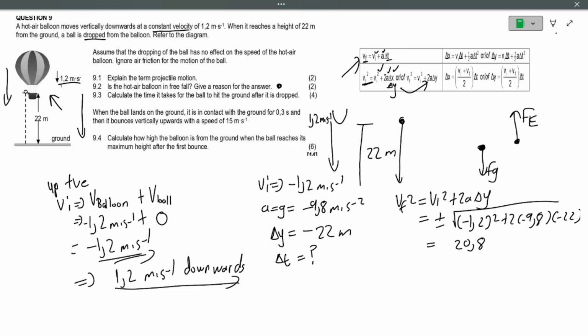After we get it, there are going to be two answers, positive this or negative this one. But because up is positive, down is negative, and the final velocity will be going downwards, it's going to be negative. The negative is going to change to the direction, which is meters per second downwards.